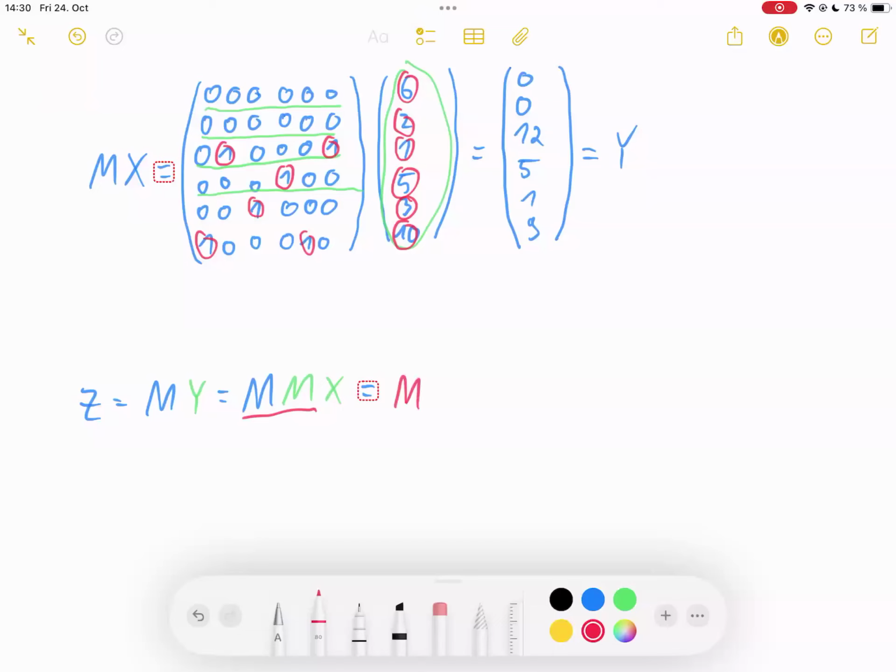So I could say this is M squared times my X, and this is how I get my Z.